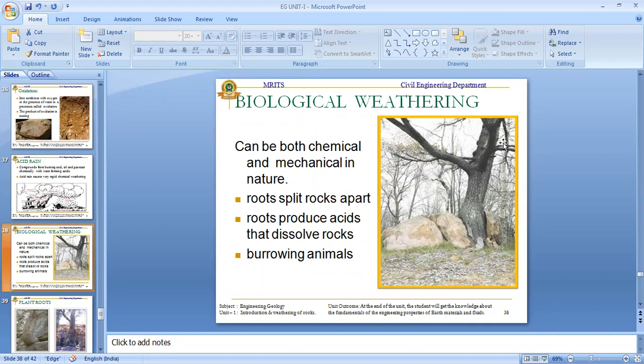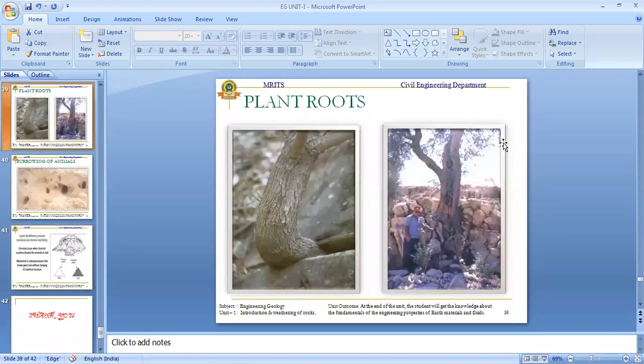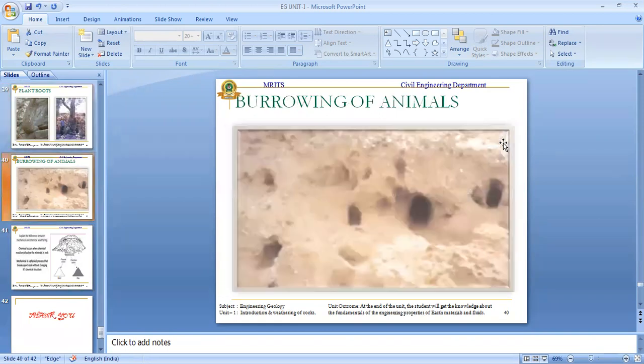So those things will be discussed in biological weathering. This is how plant roots and living human beings can destroy the rocks. Burrowing of animals means how particular animals make caves and nests in the rock bodies.